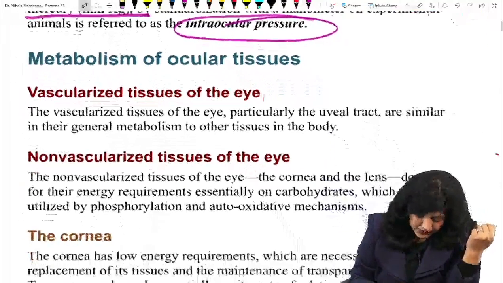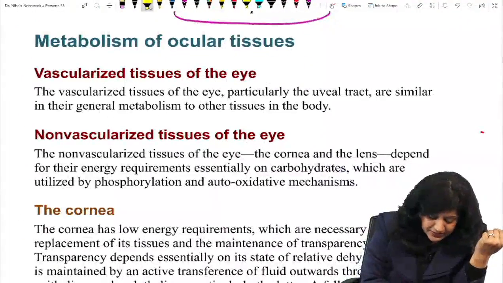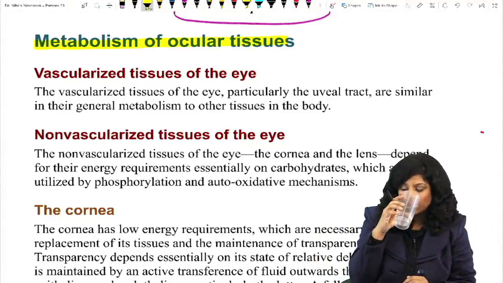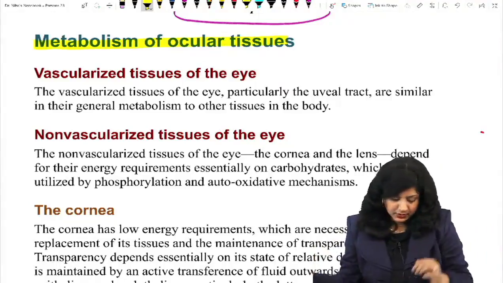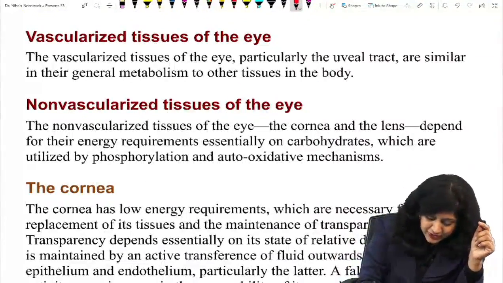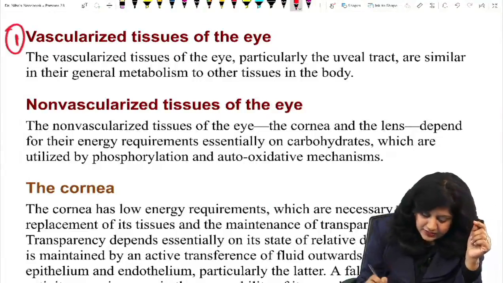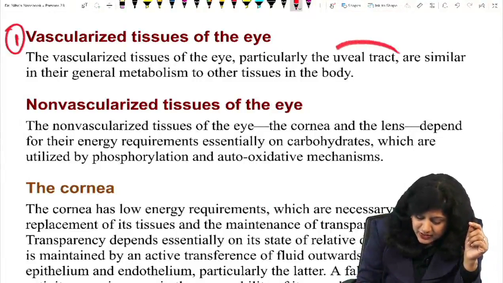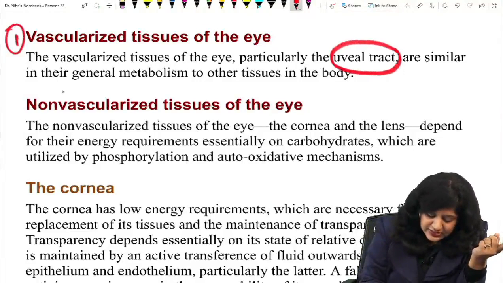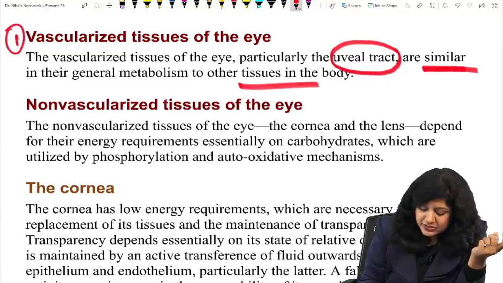All right. Now let's see the metabolism of the ocular tissues. First, we'll talk about the vascularized tissue of the eyes. The vascularized tissue of the eye means we are talking about the uveal tract. So in the vascular tissues, it is similar to the other tissues in the body.